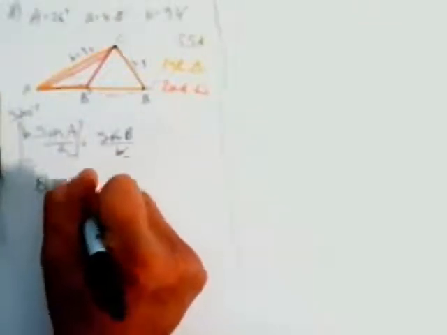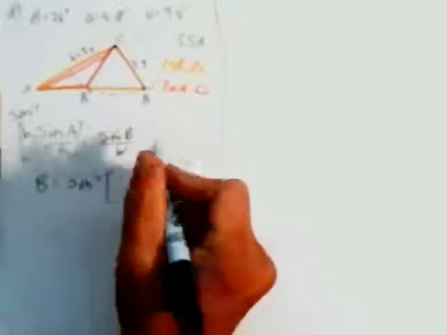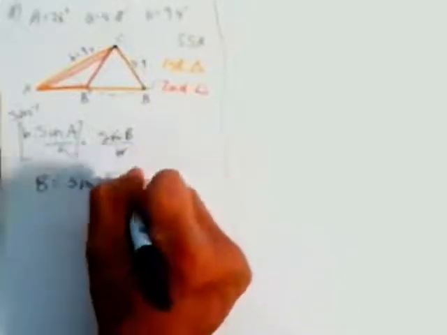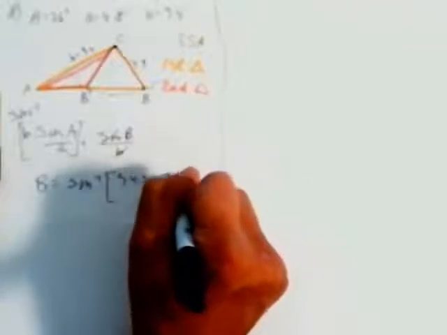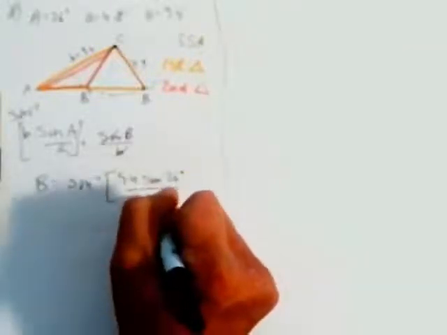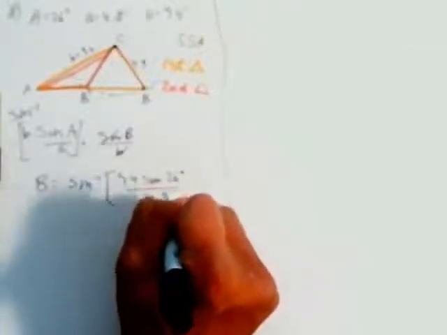B is equal to the sine inverse of B, little b, which is 9.4, times the sine of A, which is 26 degrees, all over little a, which is 4.9. And using my calculator, sine inverse of 9.4 times the sine of 26 divided by 4.9. We get 57 degrees.